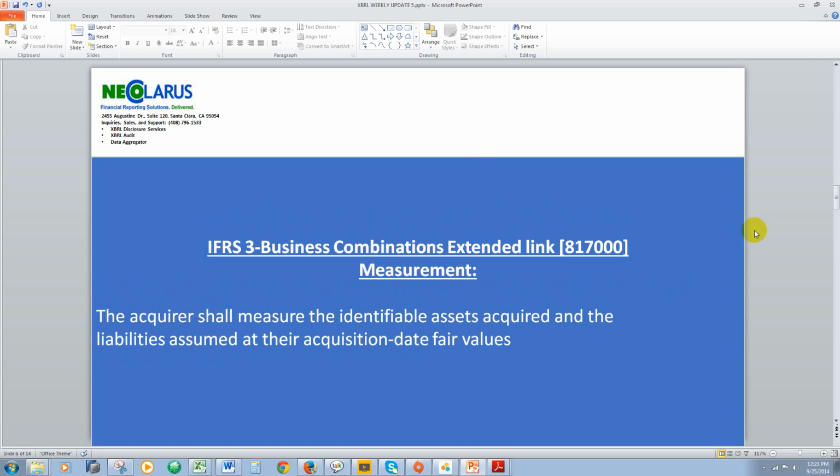About the measurement, the acquirer shall measure the identifiable assets acquired and the liabilities assumed at their acquisition date fair value. This is very important: acquisition date fair values. The identifiable assets acquired and the liabilities assumed have to be measured at acquisition date fair values.